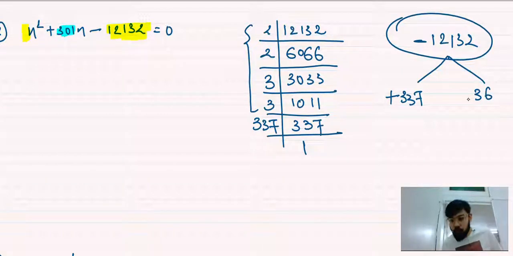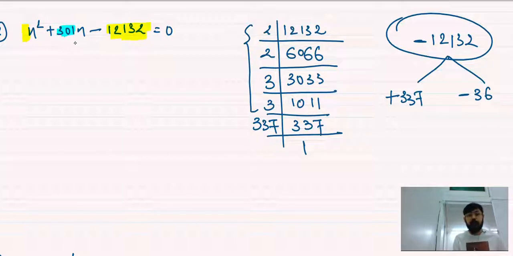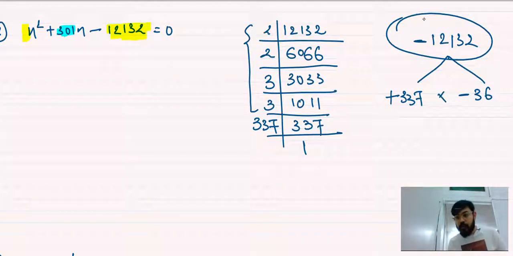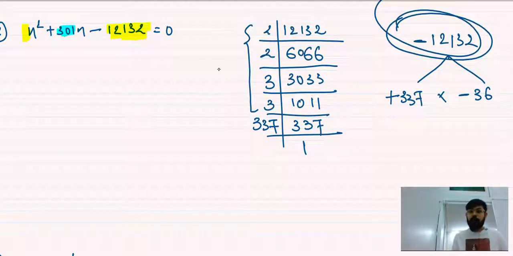Minus. So give the smaller number the negative sign. Now if you do 337 minus 36, you get plus 301. So your factors and your signs are both correct. If you multiply these two, you definitely get your constant term with its sign. So your factors are once again proving to be correct.